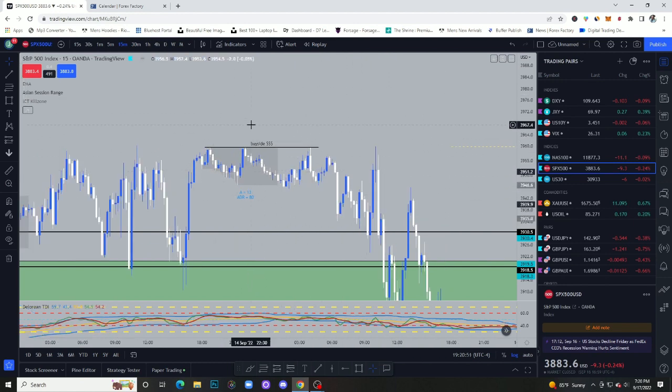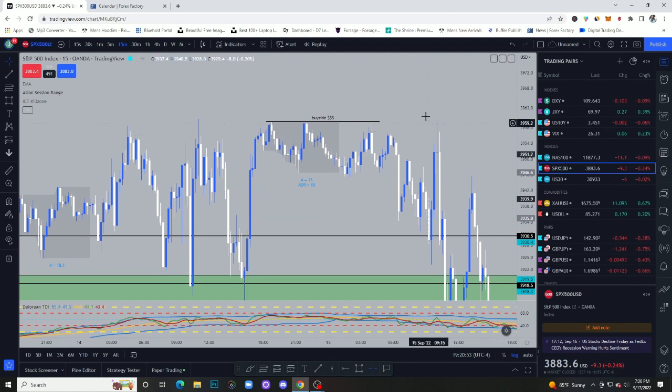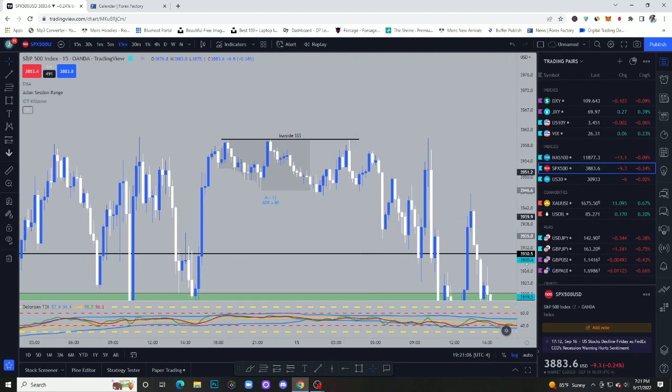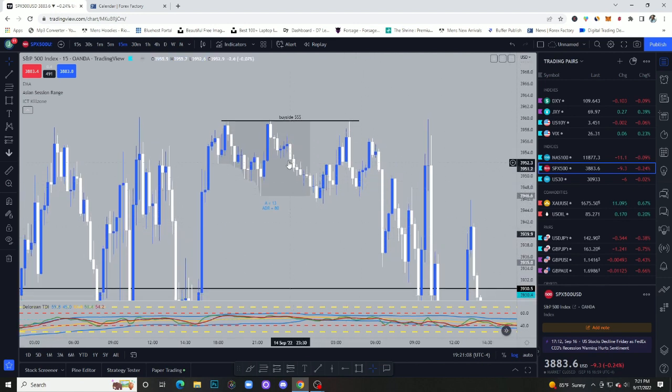I know a lot of people use other times, like probably 7 to 12 or 8 p.m. to 12 a.m. That's completely fine. But I personally use 5 p.m. to 1 a.m. And the reason why I input the Asian session range into my trading is because this is the market close, right?